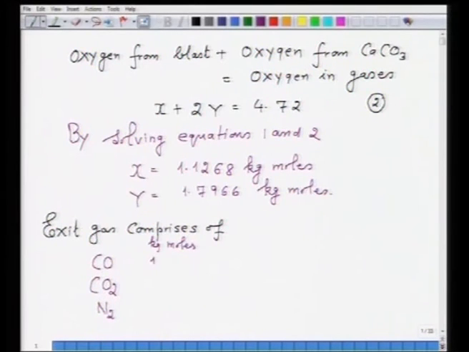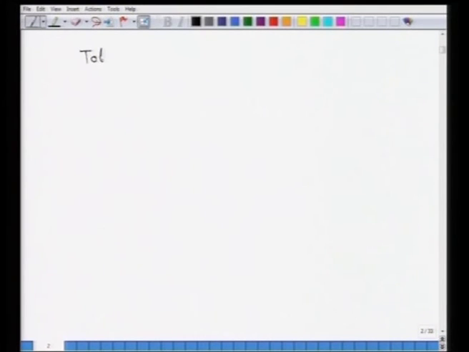Carbon monoxide is 1.1268, CO2 is 1.7966, and nitrogen is 8.7232. In percent, this becomes 9.67, 15.43, and 74.90.